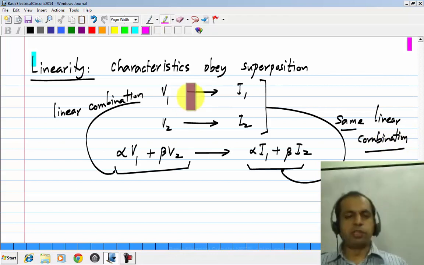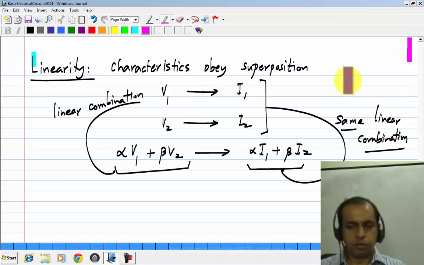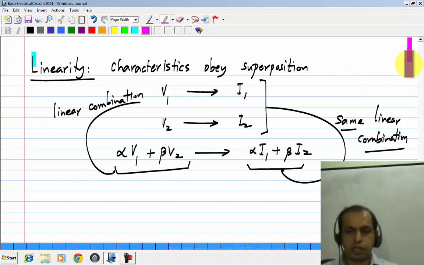So this obviously means that if you double the value of V1, you will get double the current. If you make the value of V1 half of what it was before, it gives you half the original current, and so on. Now of course I have taken voltages and currents here, but this is a general property that can be applied to systems.